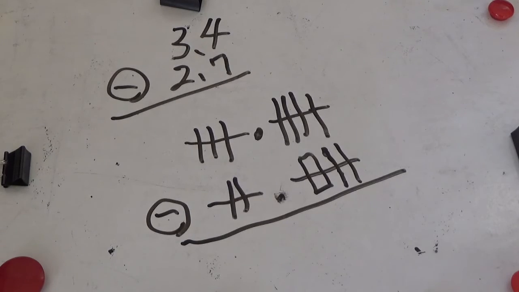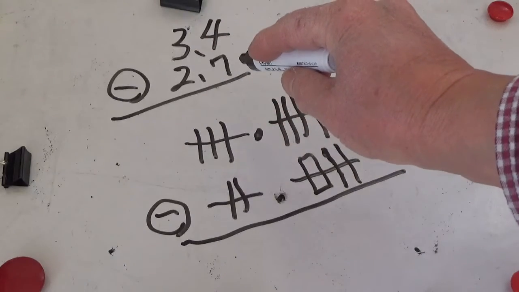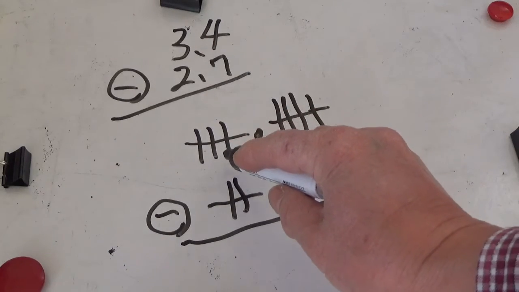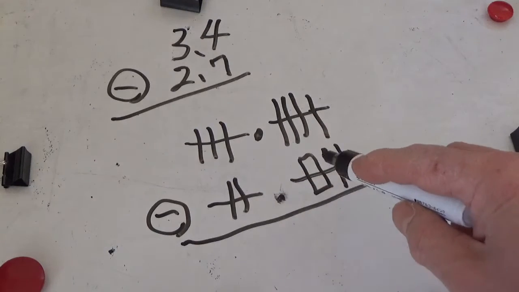Let's subtract by lines: 3.4 minus 2.7. 3 and 4, 2.7.